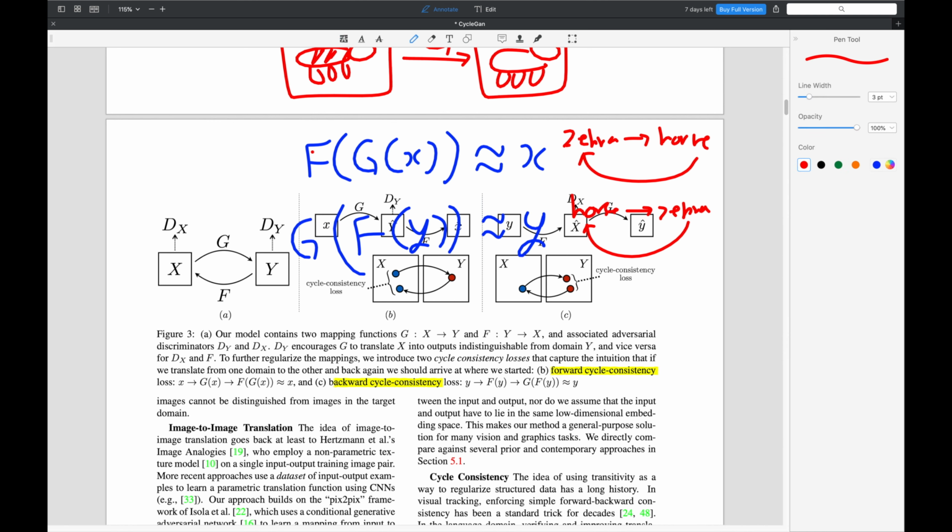However, these two loss functions aren't really all we need. We have the cycle consistency loss, but the easiest way to minimize this loss is for G and F to learn an identity mapping.